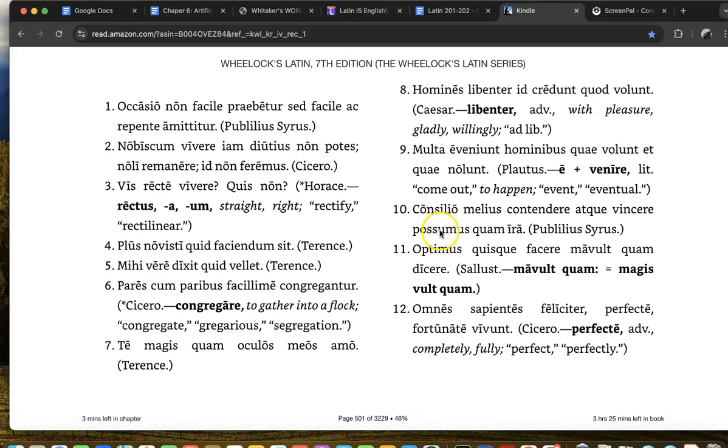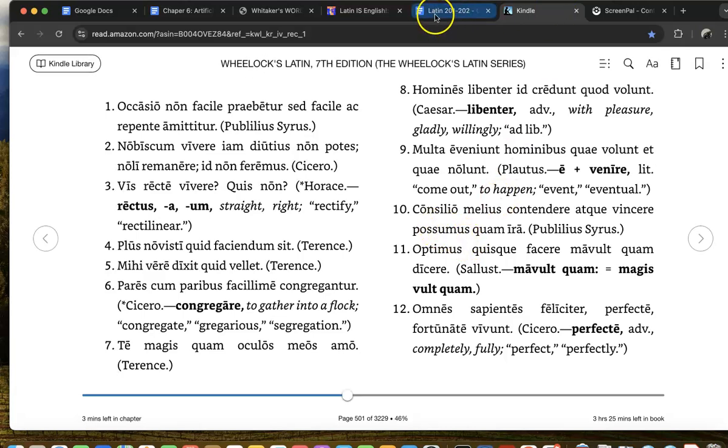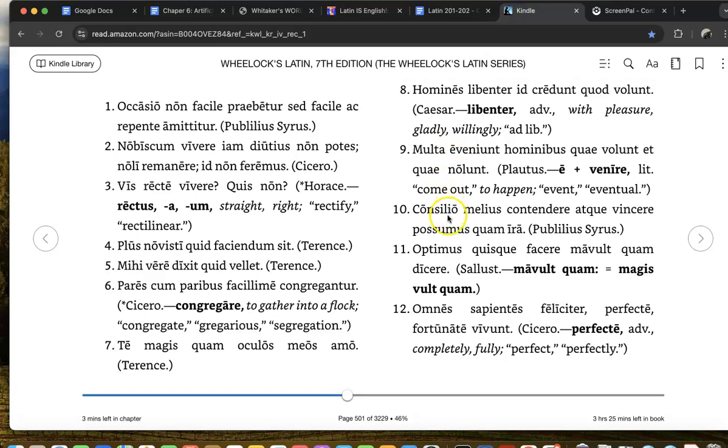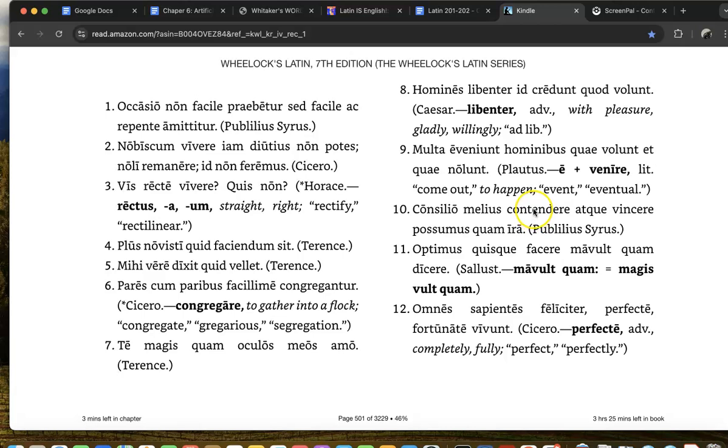So we are able, let's write that down first for possumus. And then contendere, we are able to contend. We are able to contend.